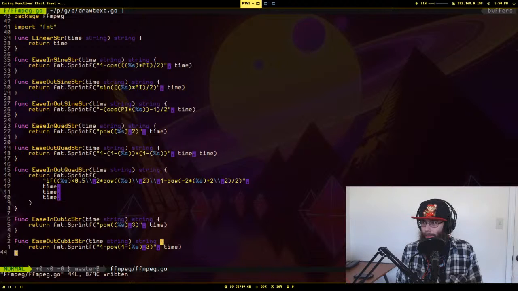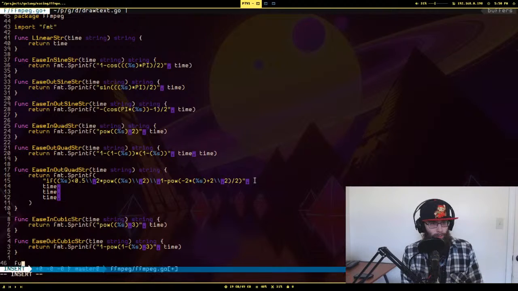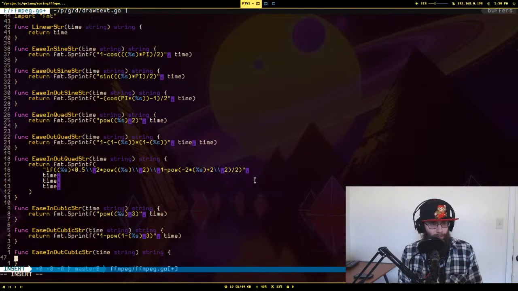Ease in out cubic. Ease in out cubic string. Do you have a return type of string? Oh boy. Return FMT as printf.